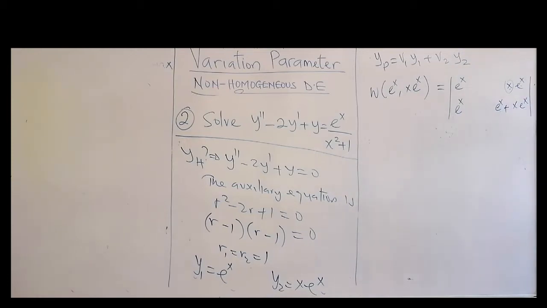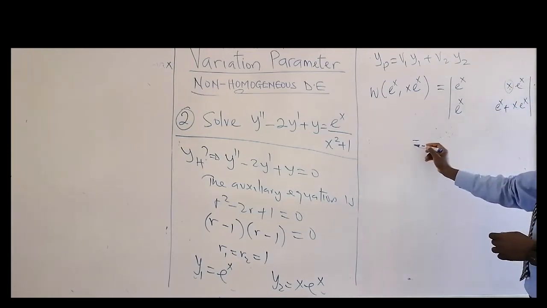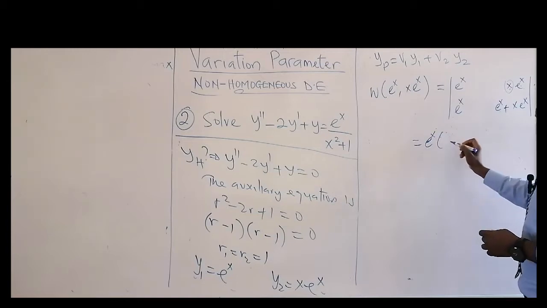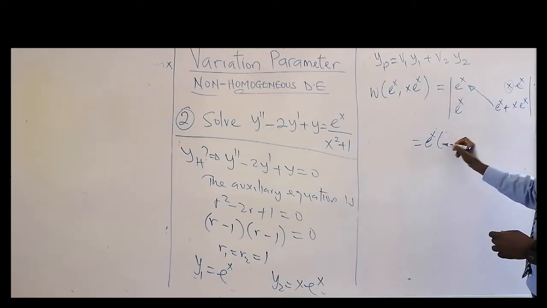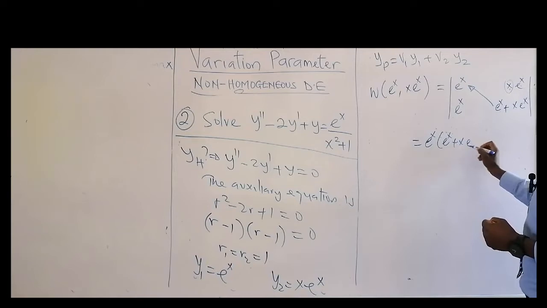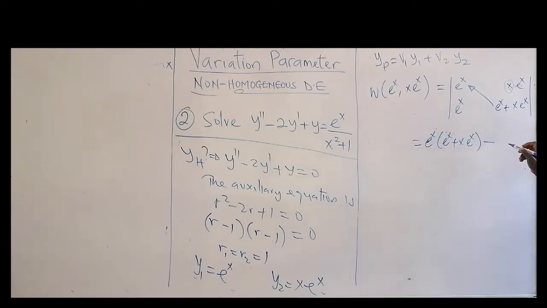Then you can find the determinant. So that will be equal to e^x times (e^x plus x e^x), then minus x e^x times e^x.